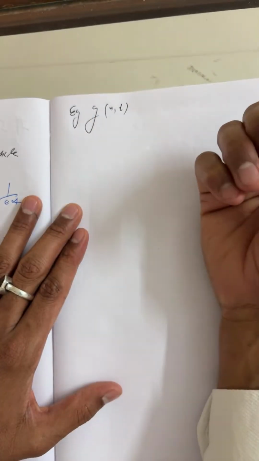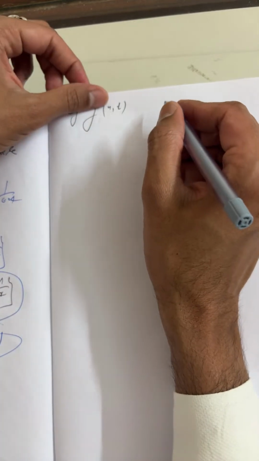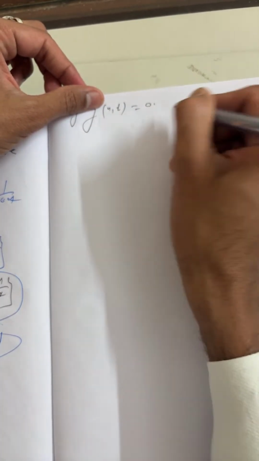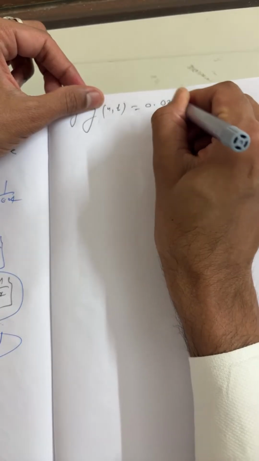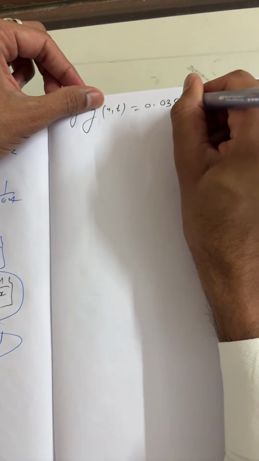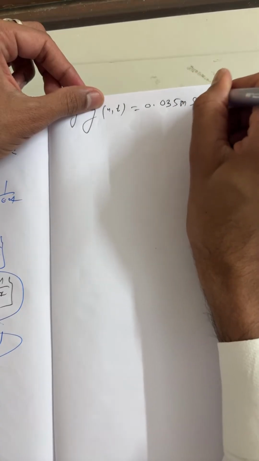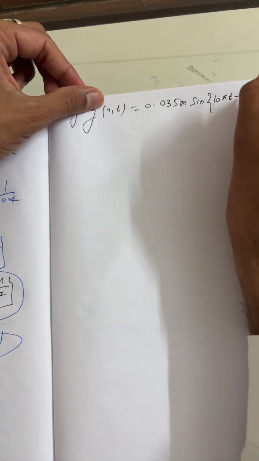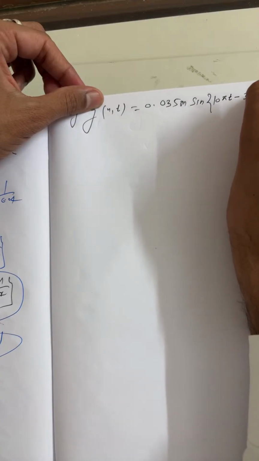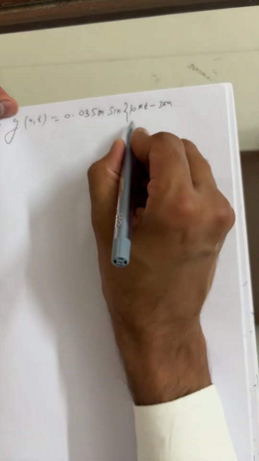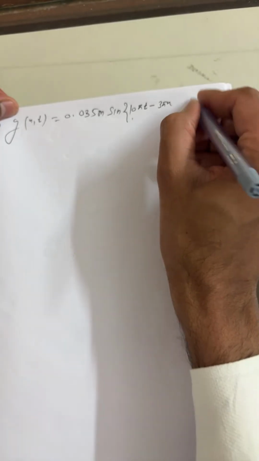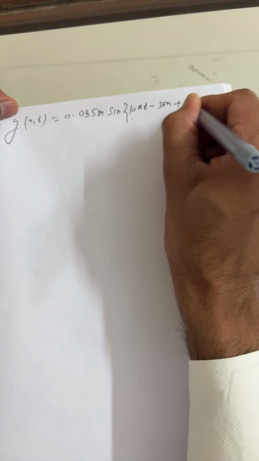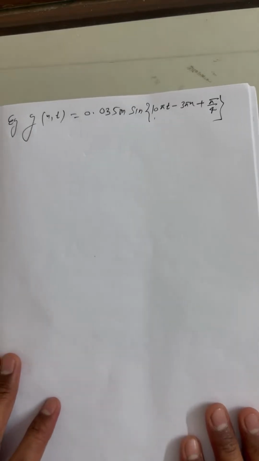Let us suppose I'm just giving you some data: 0.035, in meter only, keep in mind, sin of (10 pi t minus 3 pi x). You can take the initial phase angle as pi by 4.